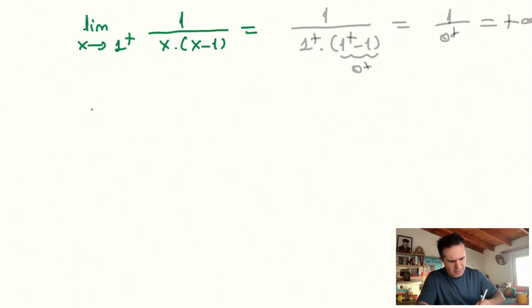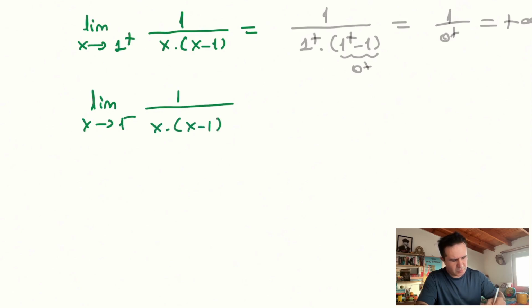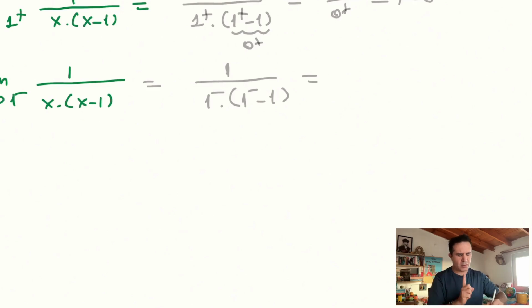And for the left hand side, limit as x goes to 1 from the left hand side of 1 over x times (x minus 1). Again, we use 1 minus minus 1. Now, if we subtract 1 from the 1 minus here, we will get 0 minus.